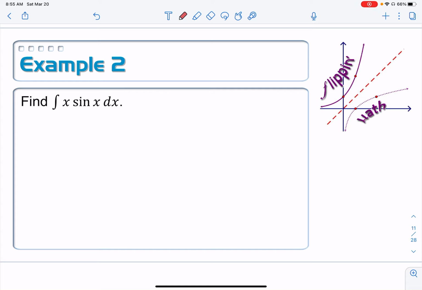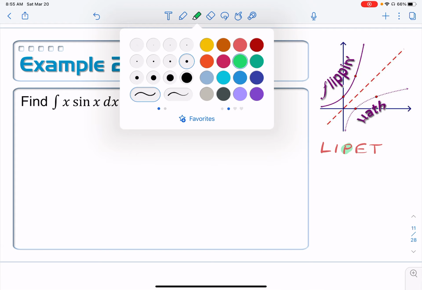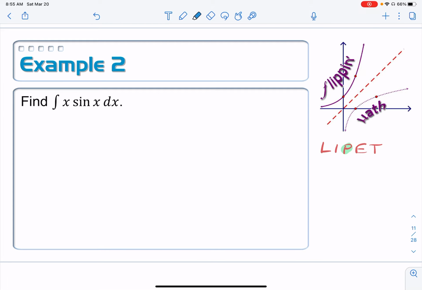Let's write down LIPET again: L-I-P-E-T. On the continuum, we have our two parts: an x and a sine x. X is our power function, and sine x is a trigonometric function. So further to the left, that's going to be our u.